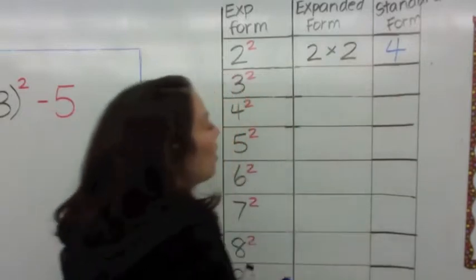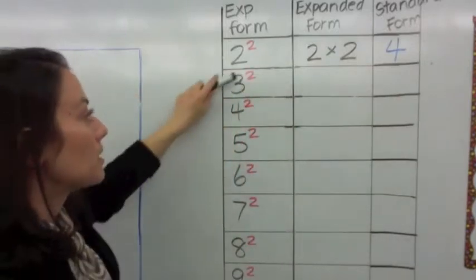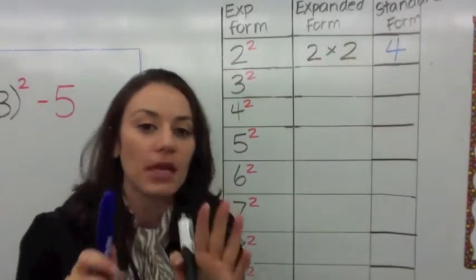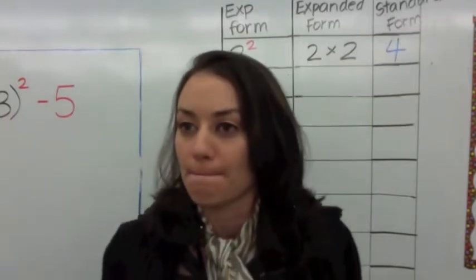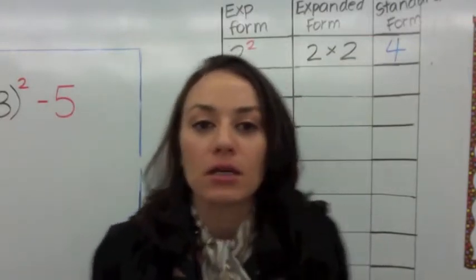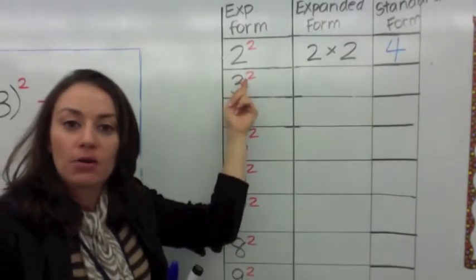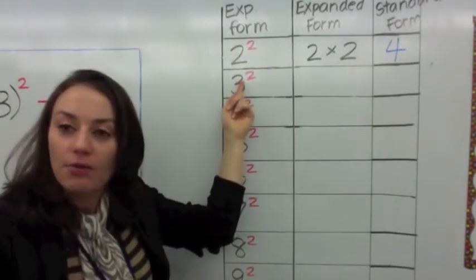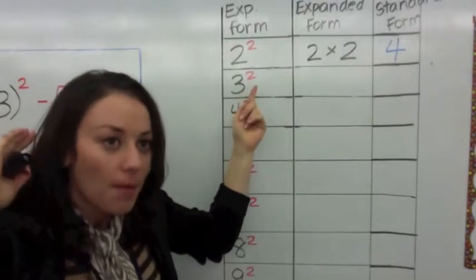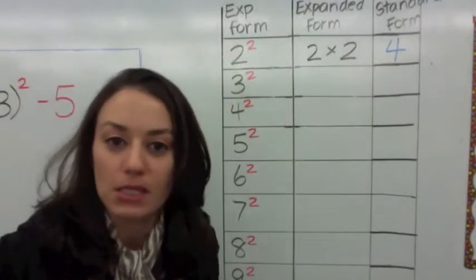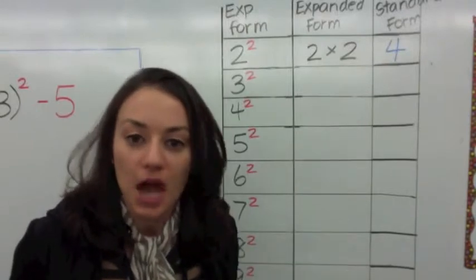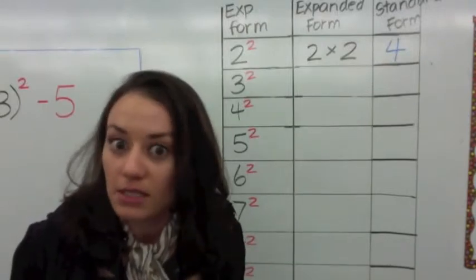It's 4. So what about 3 squared? I'll probably say this about 10 times this week: 3 squared, or 3 to the power of 2, does not mean 3 times 2. 3 squared is not 6.